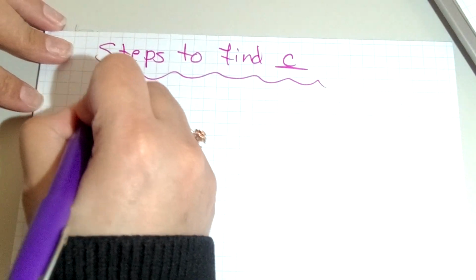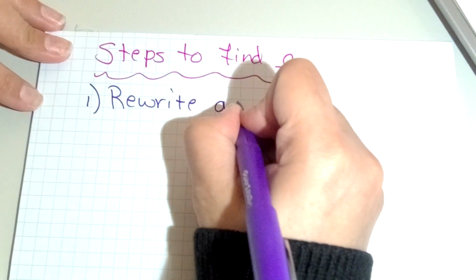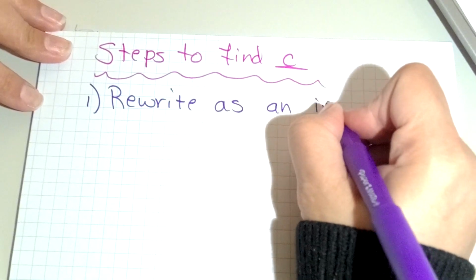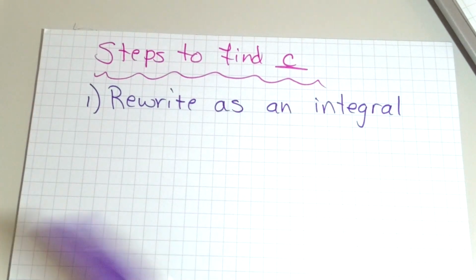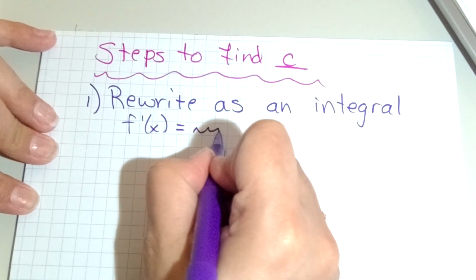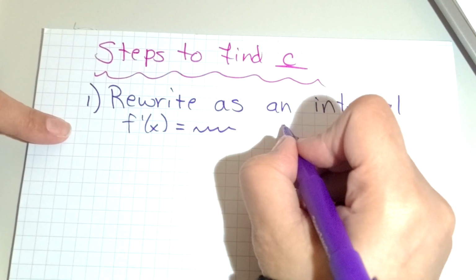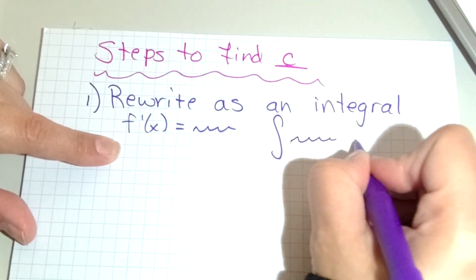The first thing you're going to do is rewrite it as an integral. So that means you're going to need to write it with the little s looking thing. So your first step will be to rewrite it as the integral of whatever that is, dx.